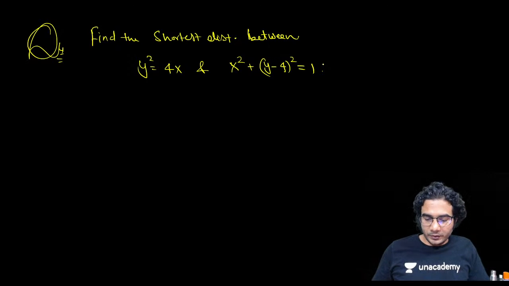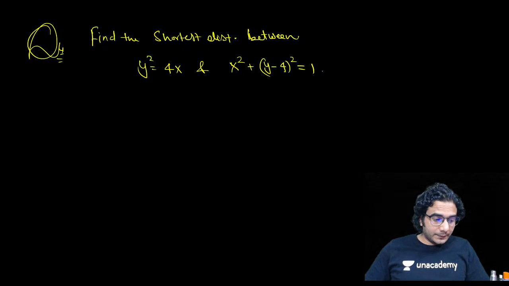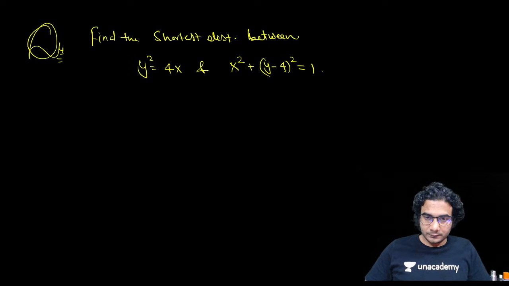Okay, so now it's a parabola and one circle. Now try this. Even if you get the slope of normal, you can write the answer.